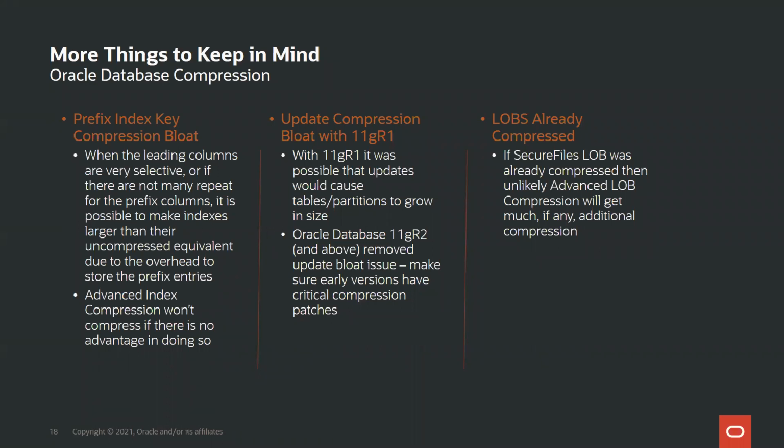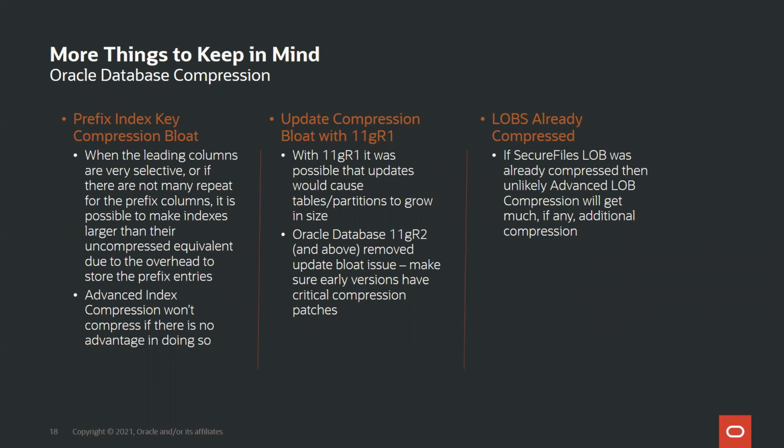It turns out that when you use prefix key compression, there is a certain amount of overhead to manage the compression, and that overhead has to be less than the amount of compression you're getting. Because if it's taking more overhead to manage the compression than the compression you're getting, then you can actually see the index start to grow in size.